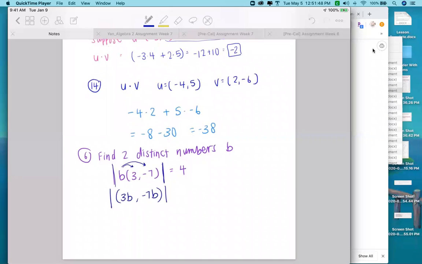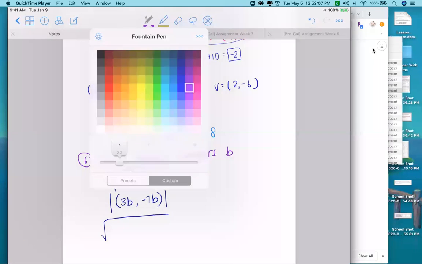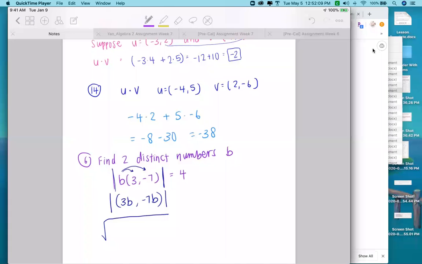I'm going to have you do your square root. We're going to square each of the x coordinate and y coordinate. If I square the first part, what am I going to get? Feel free to say your answer out loud.